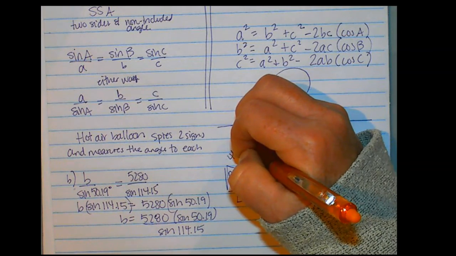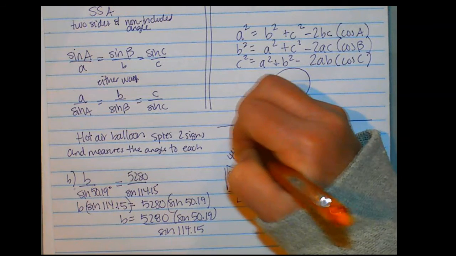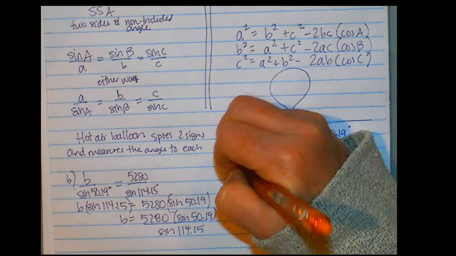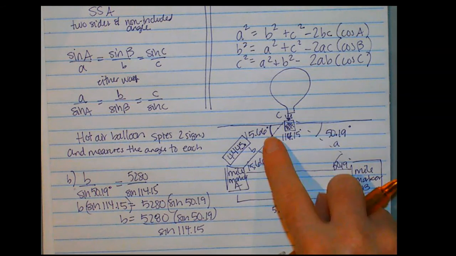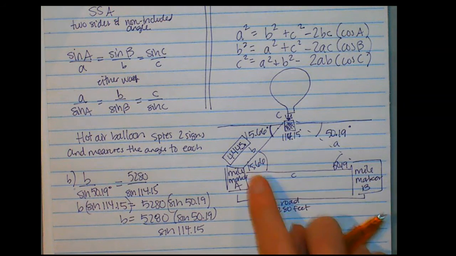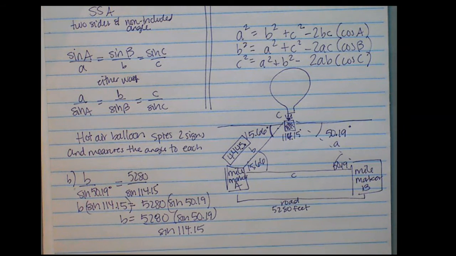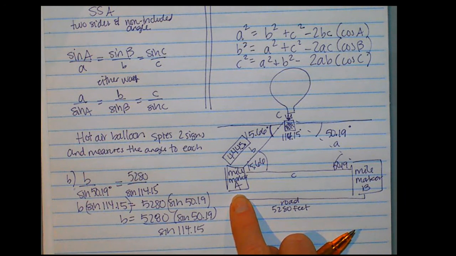So 4,445 feet. Okay, so I'm going to assume that at one second, one person measured the angle this side, the other person measured the angle this side, the third person did the math before they moved, and that's how far they are from mile marker A.